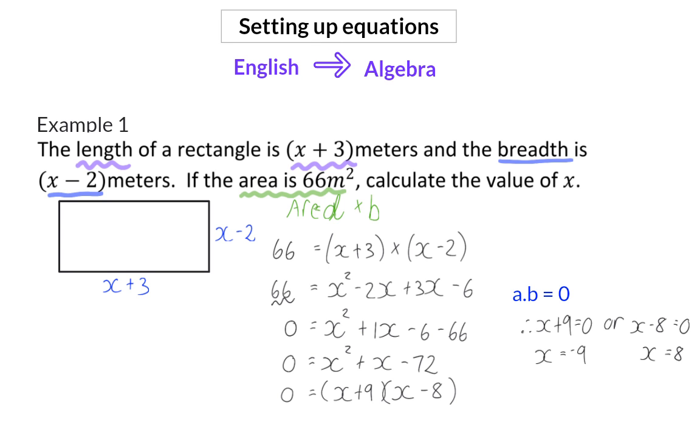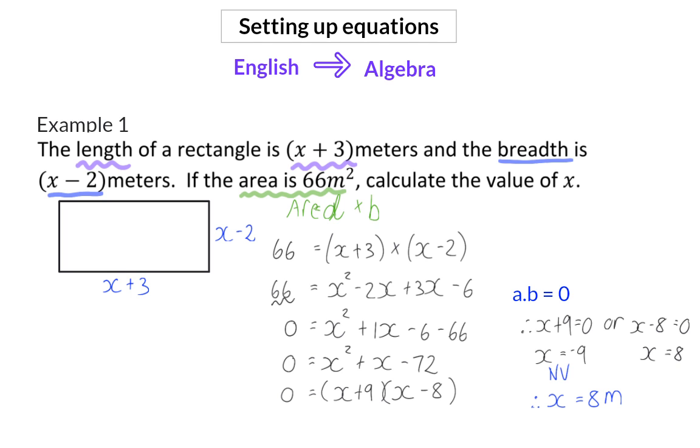Because we are working with a given situation, we need to check these two answers to determine which one works with our situation. If we go and substitute the x value with minus 9, you will find that we have negative lengths, which is not possible. That means that minus 9 is not valid for our specific situation, and the final answer will be that x is equal to 8 meters.